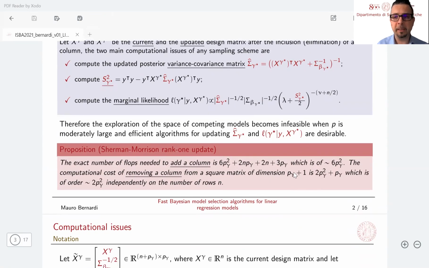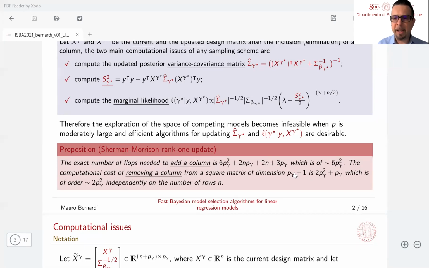So we need algorithms for fast and efficient exploration of the posterior distribution of the competing models, and those algorithms require the evaluation of the inverse of the variance-covariance matrix and the likelihood function. One of those algorithms that allows updating the inverse of the variance-covariance matrix is the Sherman-Morrison rank 1 update.